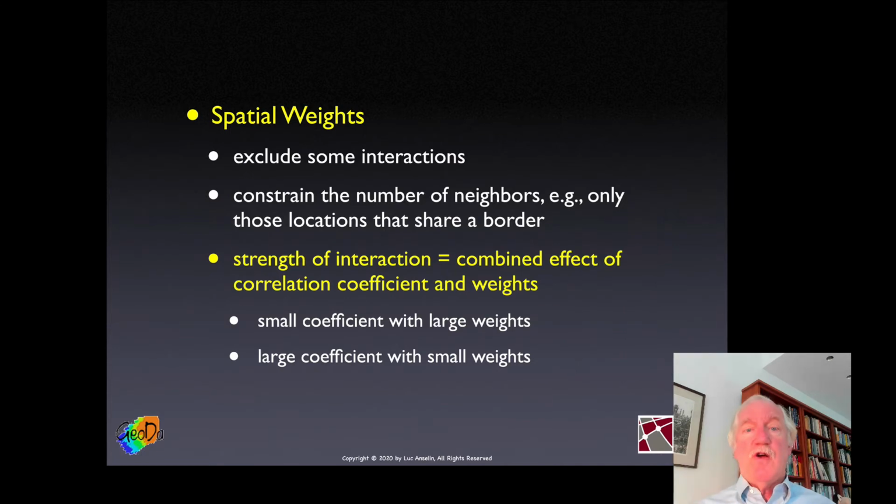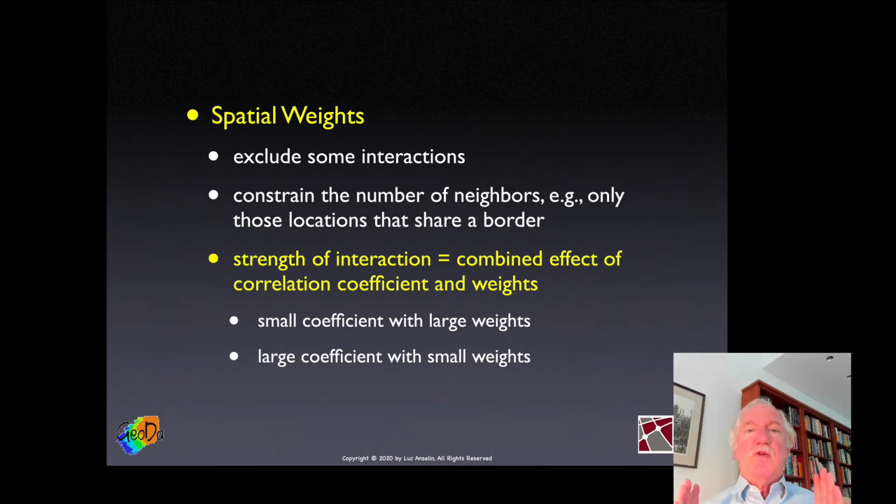So if the weights are small for the same interaction, the coefficient will be larger. Let's say your interaction is 100 and your weights are 2, then the coefficient will be 50. The opposite, if the weights are large, then the coefficient will be small. Again, with an interaction of 100 and the weights are 50, then your coefficient will be 2.